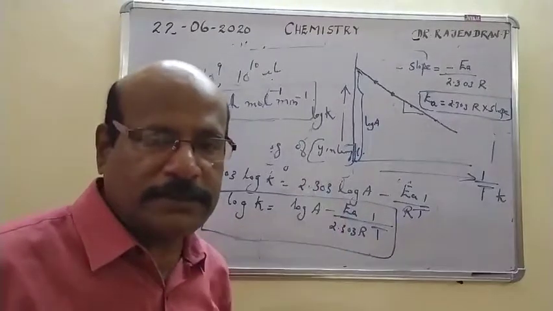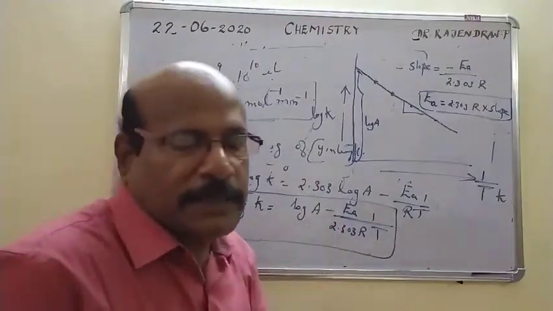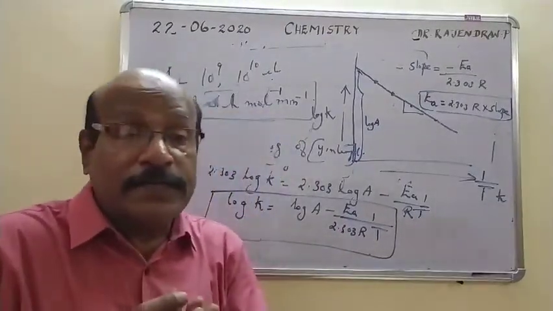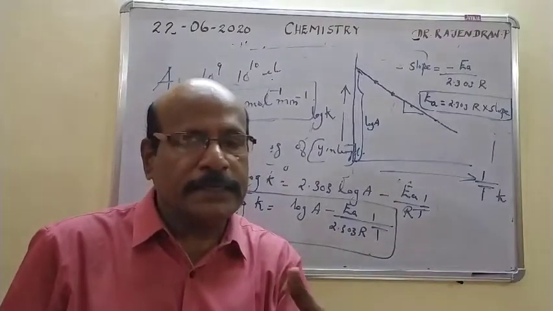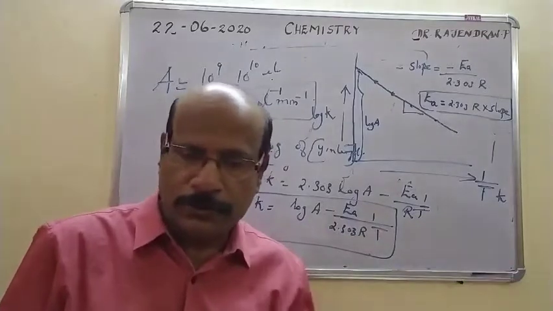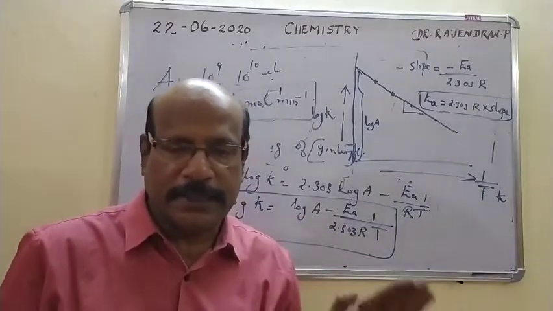The unit is the same as that of the rate constant. A higher magnitude of the A value indicates that the rate of the reaction is high. A lower value of A indicates that the rate is low. That is the thing you have to understand in connection with kinetics.